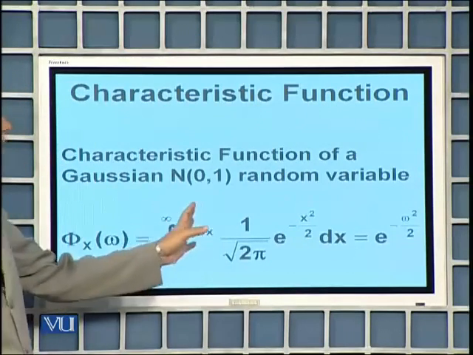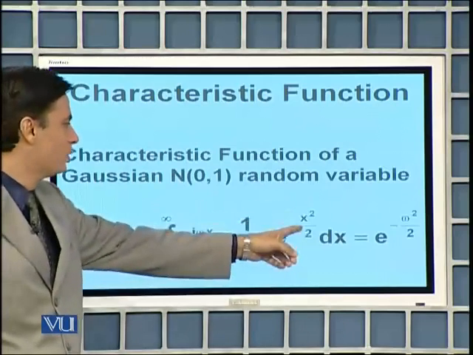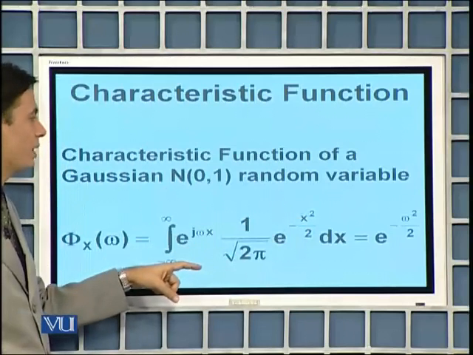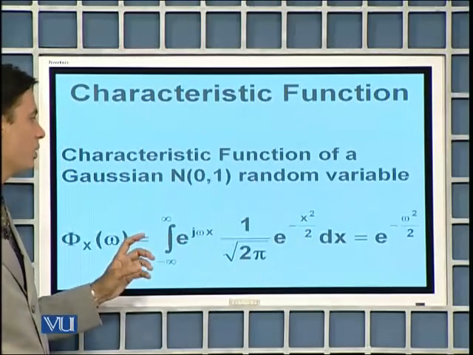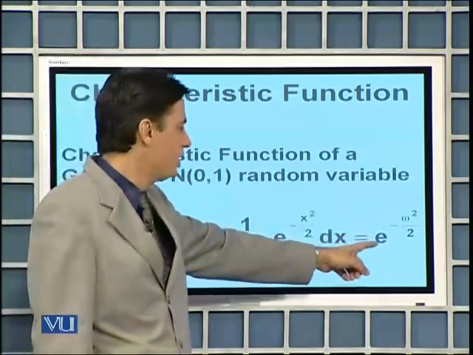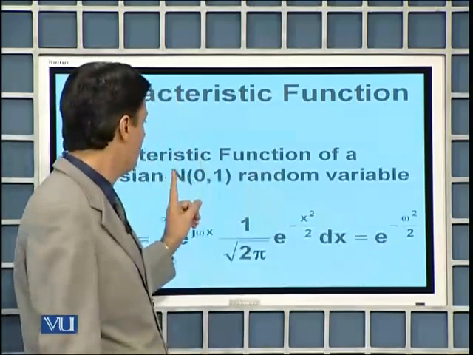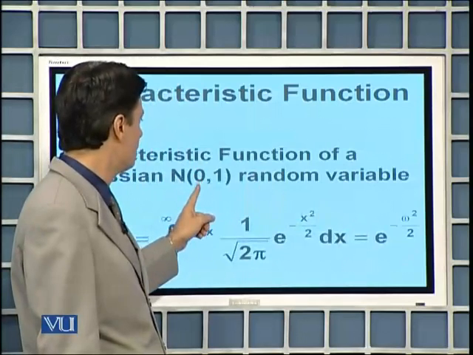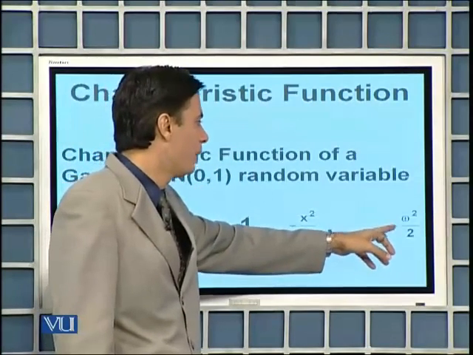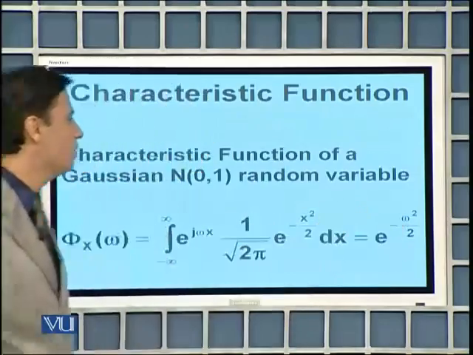If you simplify it by combining this e raised to power minus x square over 2 with this, completing the square, changing the random variable, and then making careful observations, you get a simple answer: the characteristic function of a Gaussian random variable with mean 0 and variance 1 comes out to be e raised to power minus omega square over 2.